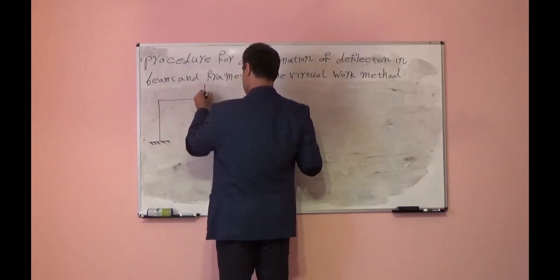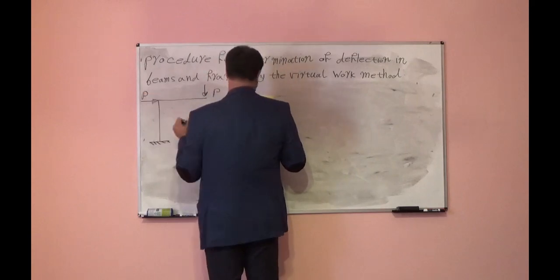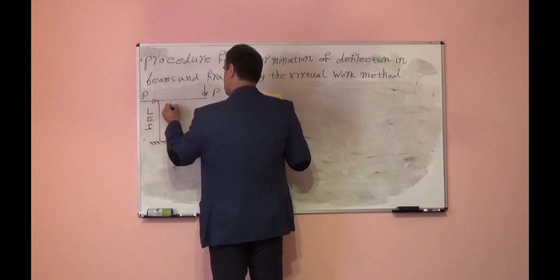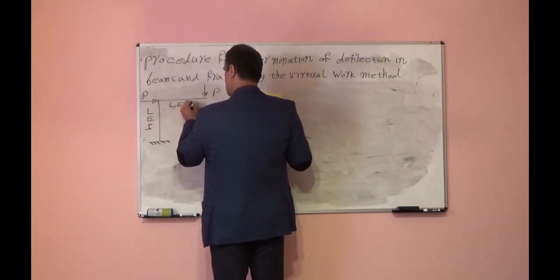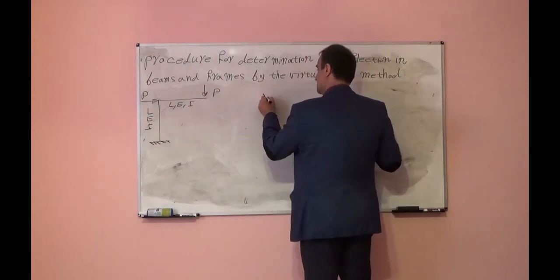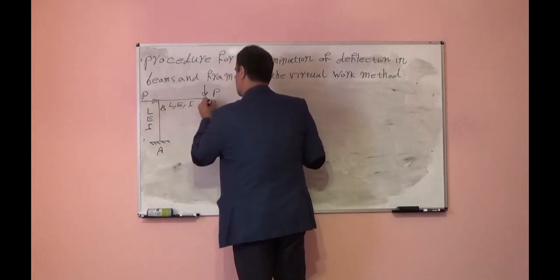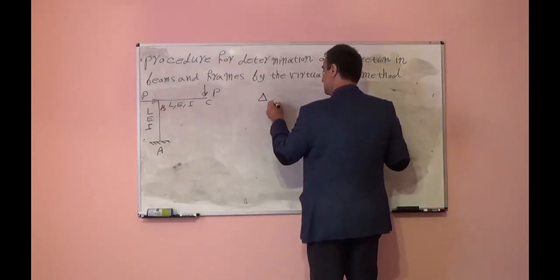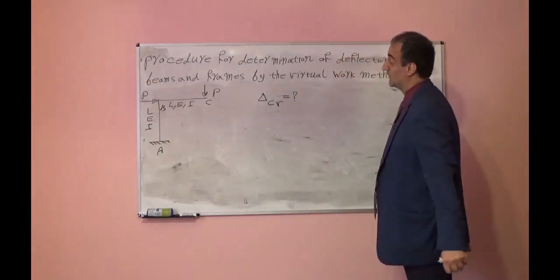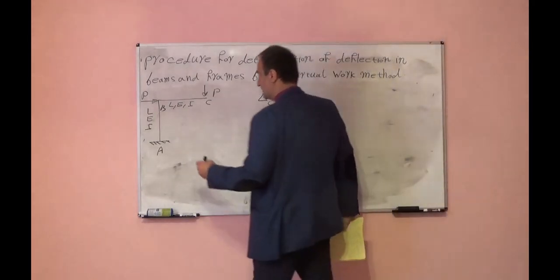We have a load P at one point and another load P here. Lengths L, EI, L, EI. We want to find delta C, the vertical deflection, for this frame. How will this frame deform?